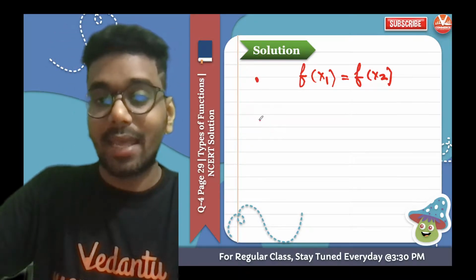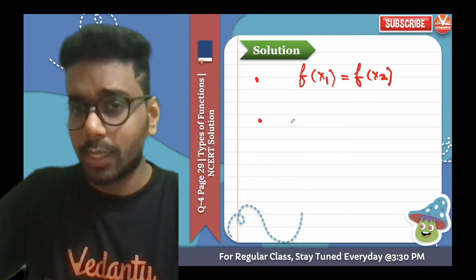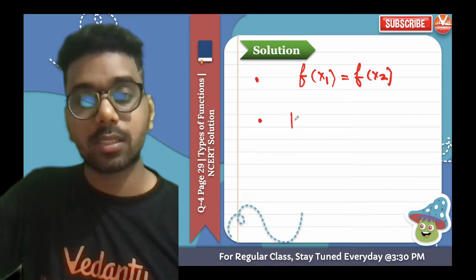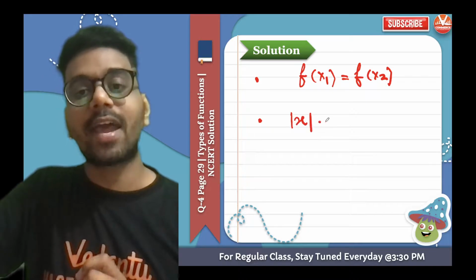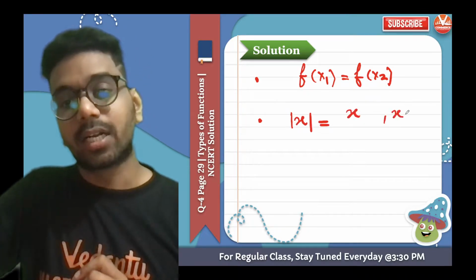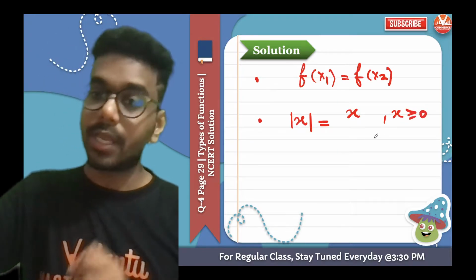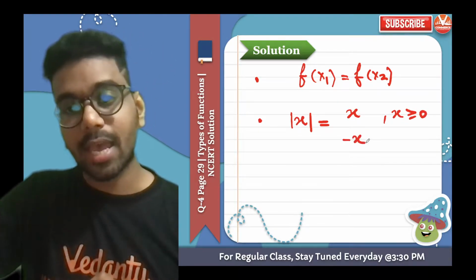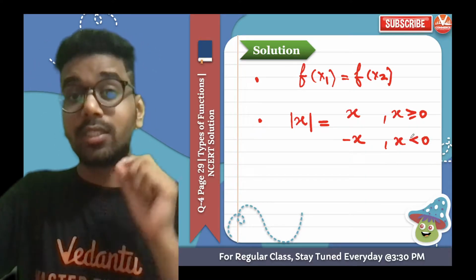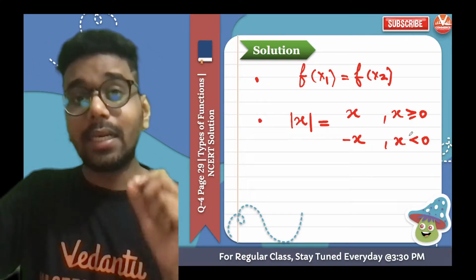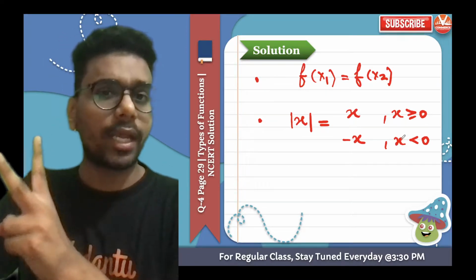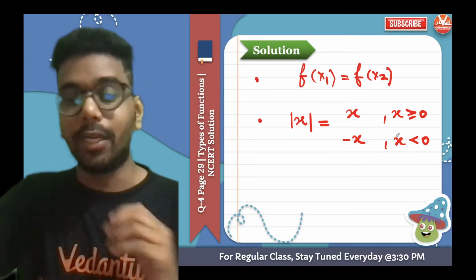The second thing I wanted to tell you: in the question there is a term called modulus of x. So guys, modulus of x is equal to x for x greater than or equal to 0, and equal to minus x for x less than 0. So this question will be done with two cases for one-one, many-one and two cases for onto, into.